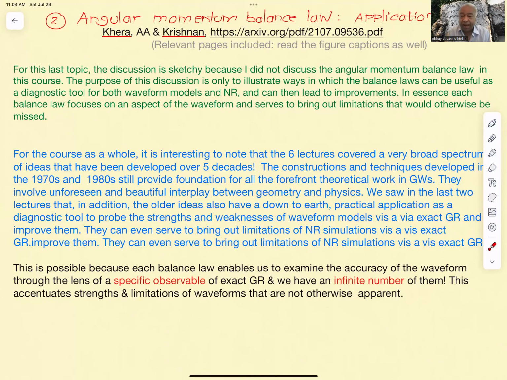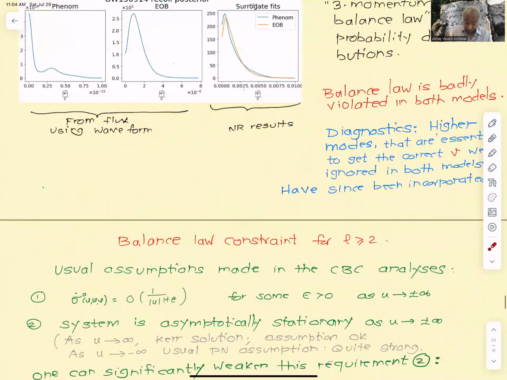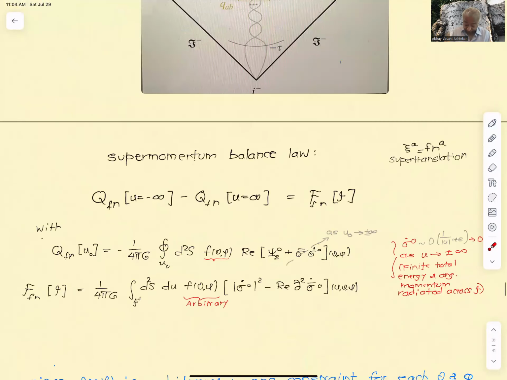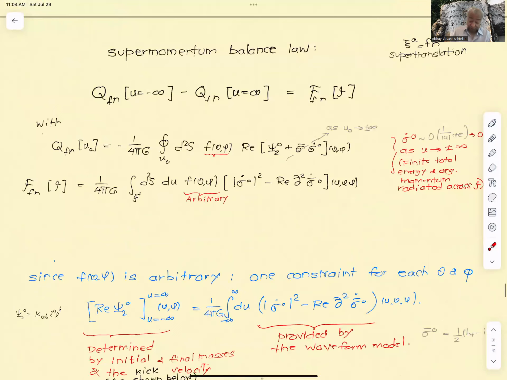So the reason why there is so much interest in the community which comes from particle physics is the following. Memory has to do with, okay, so this is the flux of the supermomentum, and you can see that there is a term which is quadratic.